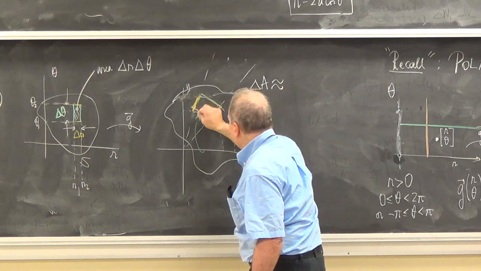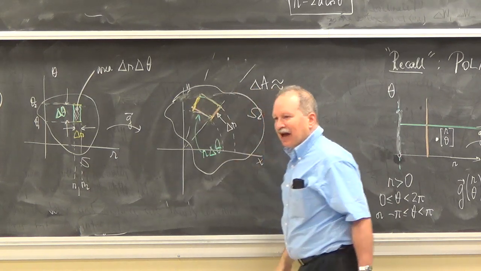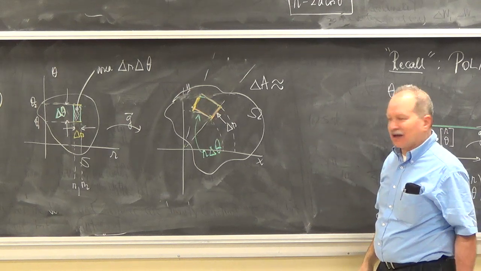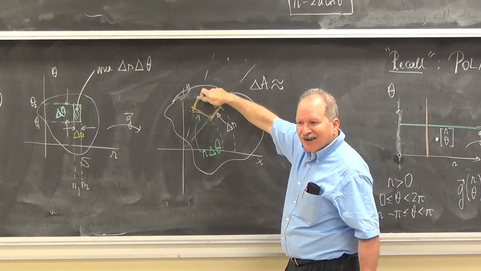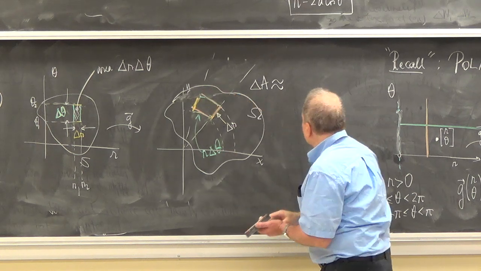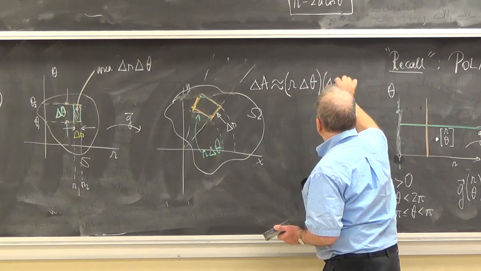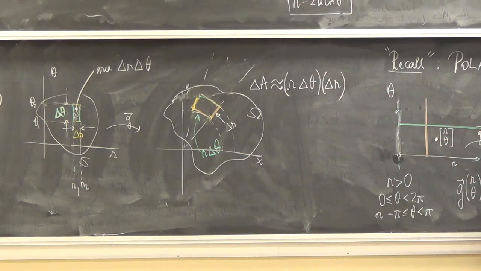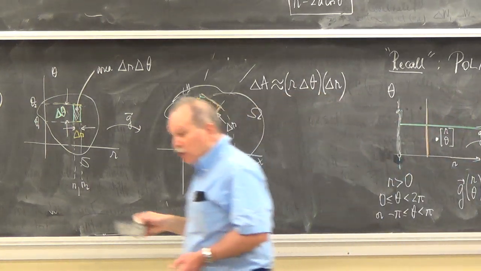So this length is r delta theta, and when I flatten it out, I flatten it out into a length that is r delta theta. This length's a little longer, right? It's a bigger r. But it is still the case that I have length times width. And so, again, I will give you a proof later.